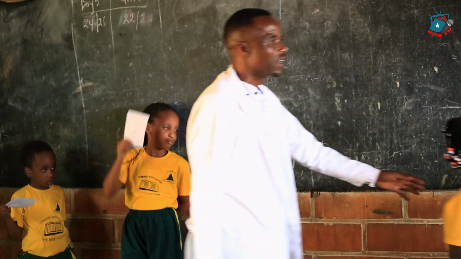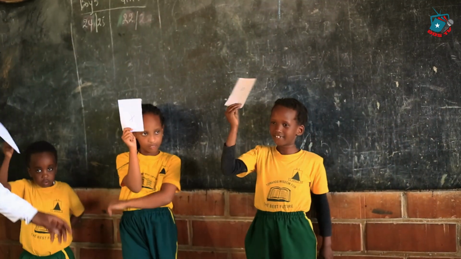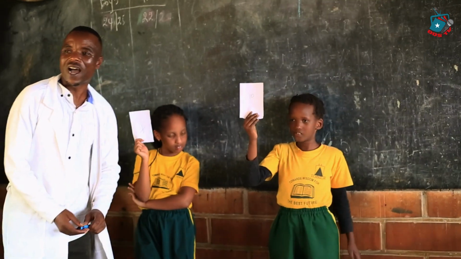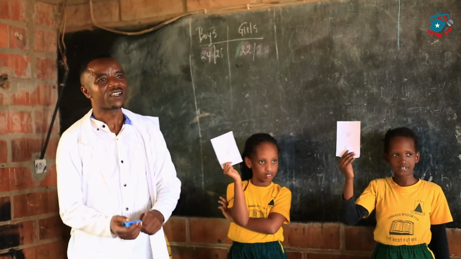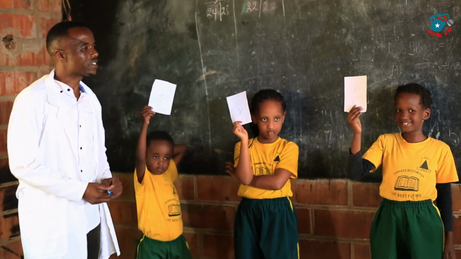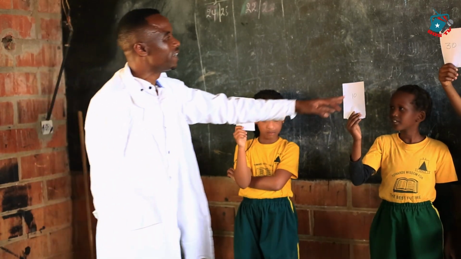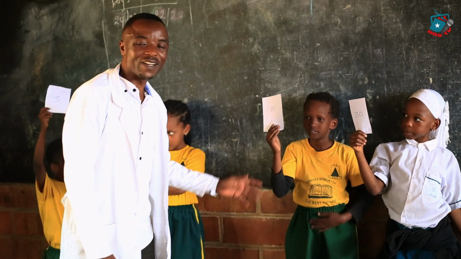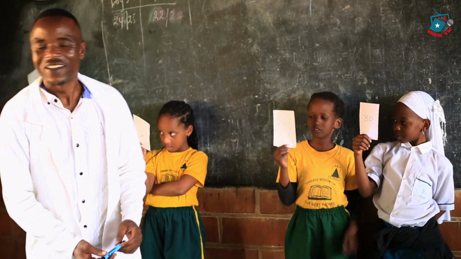Number 10. Come here please. 3 times 10 equals how many? Who has the answer? Akesa, come here please and show us the answer. 3 times 10 equals 30.